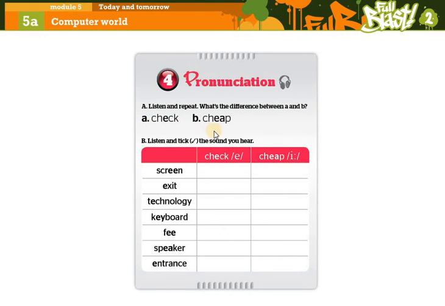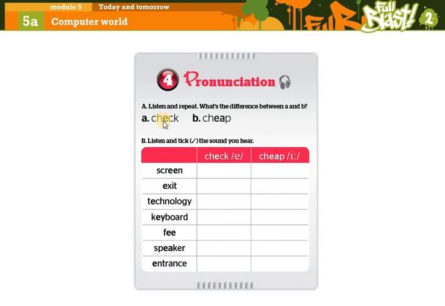If you read it correctly, it's going to be like check, check, check, A, and B, cheap, cheap, E, check, A, cheap, E. You see the difference between these two vowels.